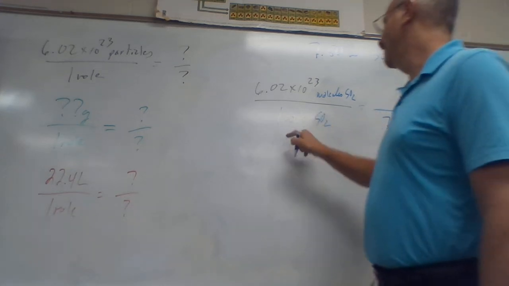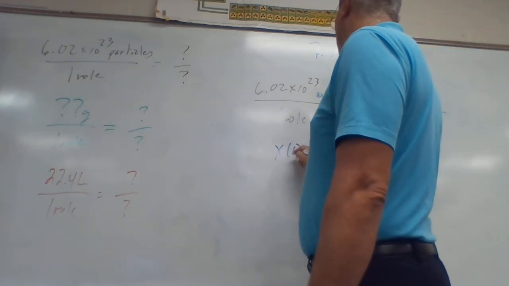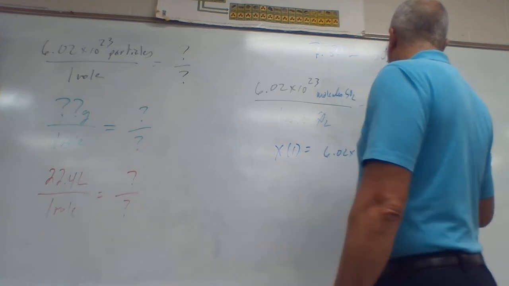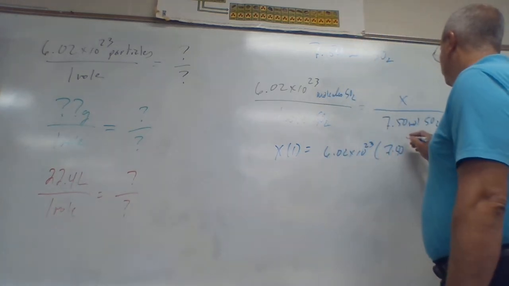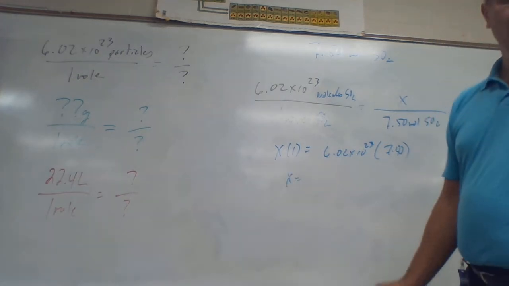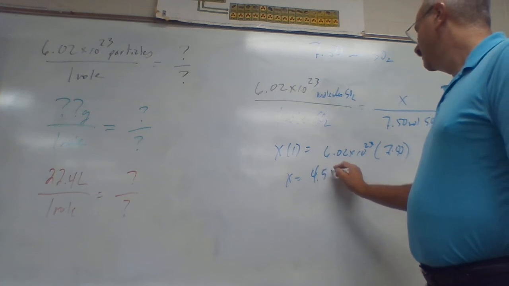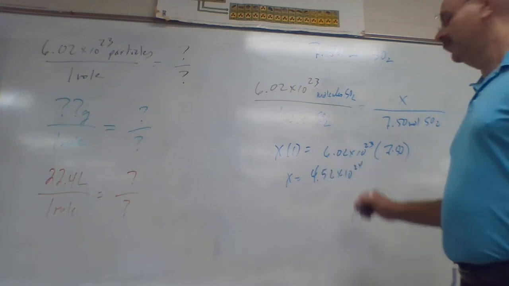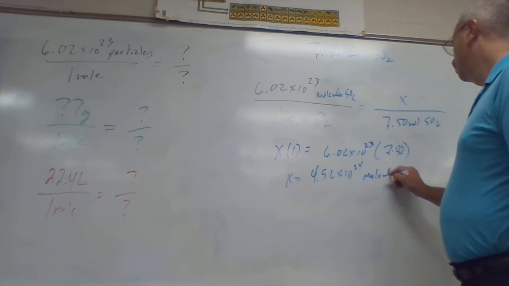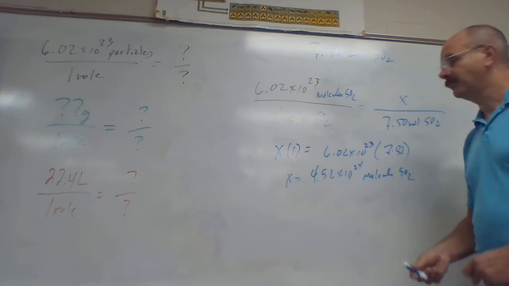Cross multiply. X times 1 equals 6.02 times 10 to the 23rd times 7.50. Multiply those out, and you should get 4.52 times 10 to the 24th, and that's molecules of SO2.